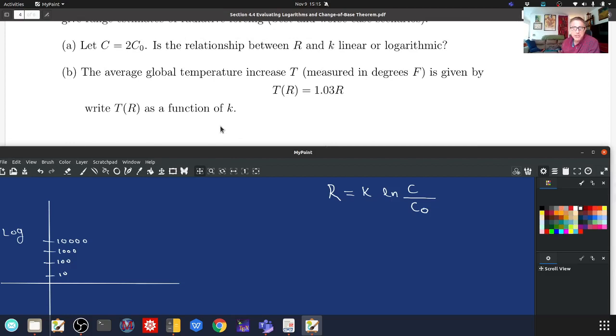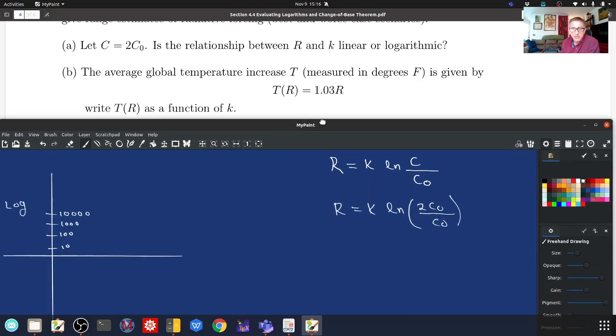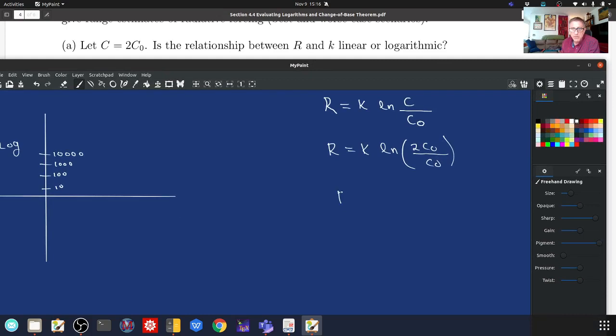So what is the relationship between R and K? So we're going to do R is equal to K times the log of C, which is 2 C naught, over C naught. So this is not going to be so hard. R is equal to K times the natural log of 2.